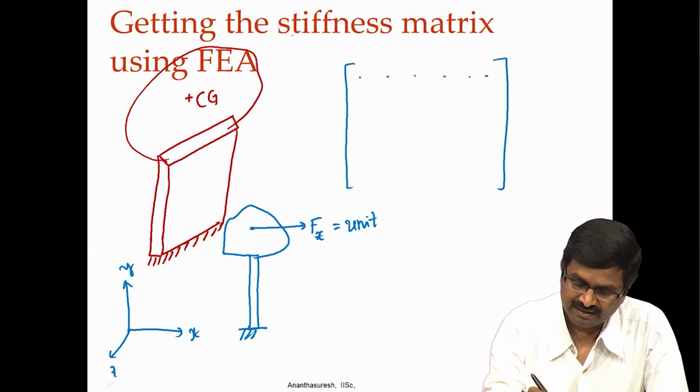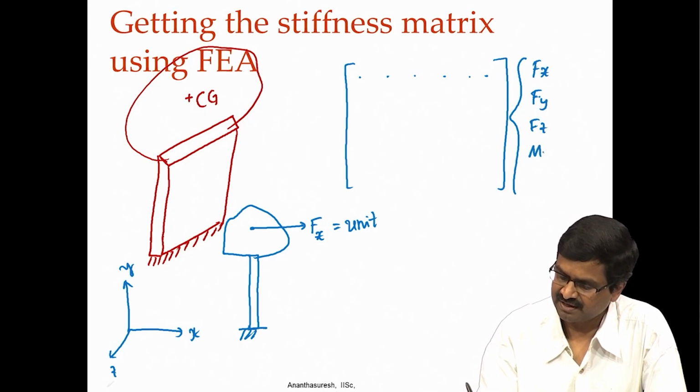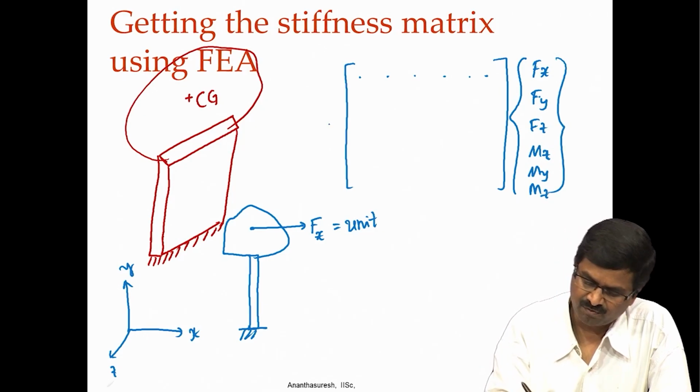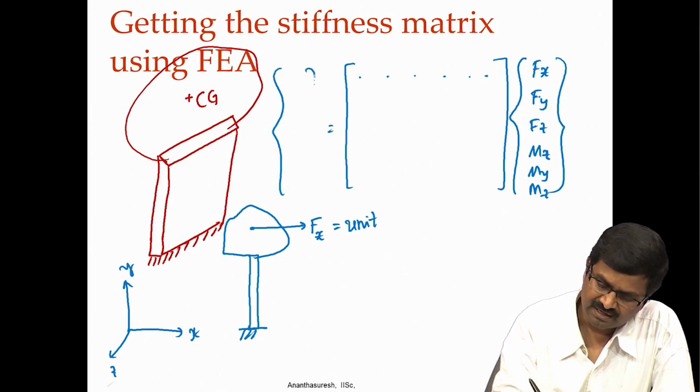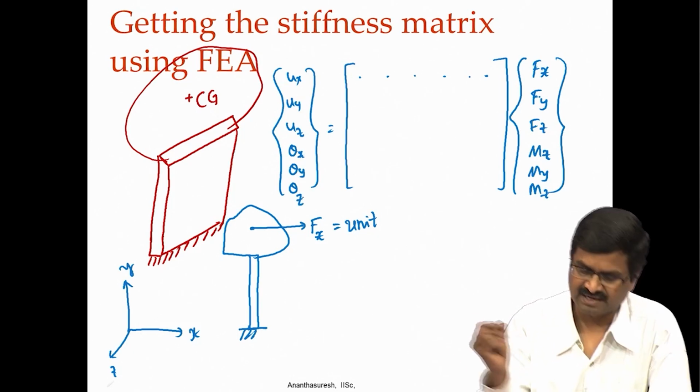So, we are not getting a stiffness matrix now, actually we get a compliance matrix, meaning that if I put Fx here and then Fy, Fz, Mx and My and Mz. What we want are the displacements, that is Ux, Uy, Uz and then theta x, rotation about x axis, rotation about y axis, rotation about z axis, right.